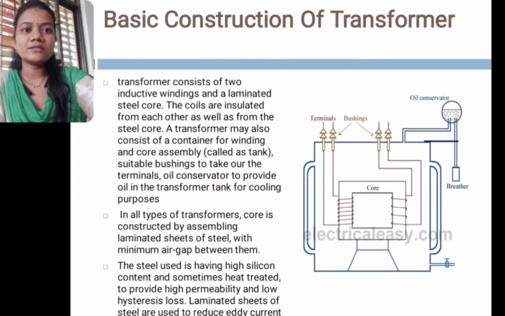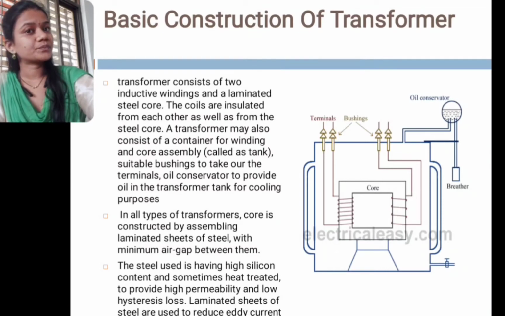A transformer may also consist of a container for the winding and core assembly called the tank, suitable bushings to take out the terminals, and an oil conservator to provide oil in the transformer tank for cooling. In a transformer, the oil conservator is used to provide oil for cooling purposes.